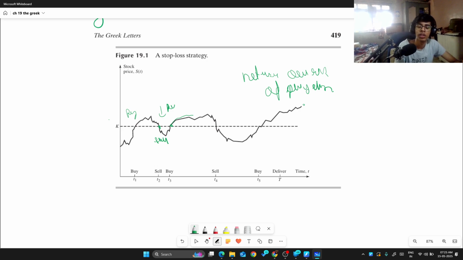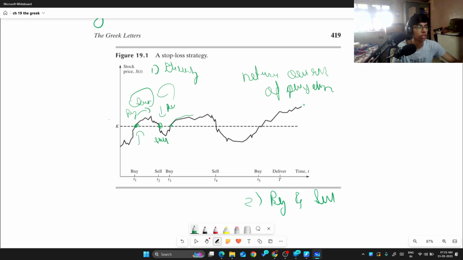You might think this strategy is very good and we should use it in every process, but there are some severe drawbacks. The first is discounting. A hedger has to discount every cash flow according to its time, and that is a trouble. The second, most important, is that you can't buy and sell at the same strike price.